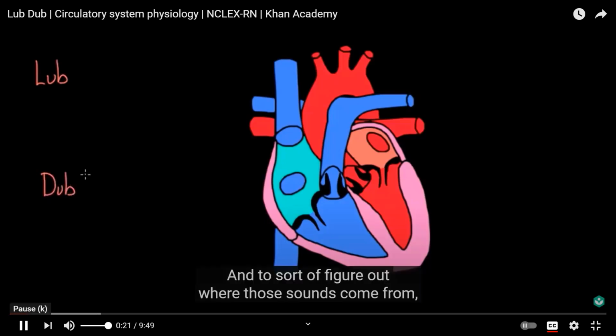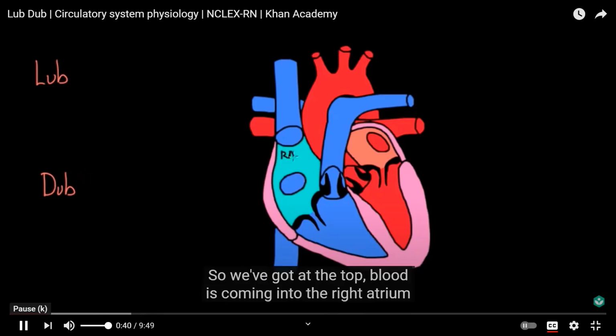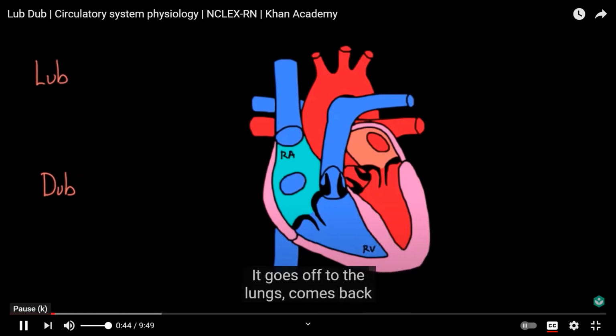And so to figure out where those sounds come from, what I did is I took that diagram of the heart that we've been using and actually exaggerated the valves, made them really, really clear to see in this picture. You can take the picture for the and we'll colors, use those for valves to growing a heart. kind of It's a talk very through easy and clear where the picture sound's here. coming from. So let's start by labeling our heart. So we've got at the top, blood is coming into the right atrium and going into the right ventricle. It goes off to the lungs, comes back into the left atrium, and then the left ventricle.